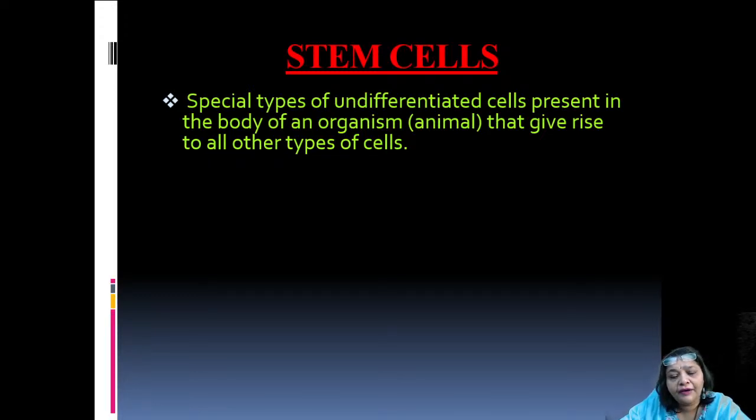Now what are these cells? These are special kind of undifferentiated cells, which have not undergone any kind of differentiation according to their functions. And these types of cells actually have the capacity to produce a whole new organism on their own, so these cells are termed as the stem cells.